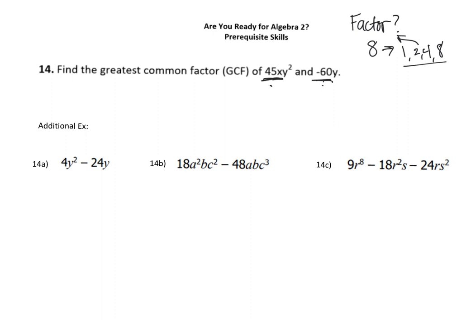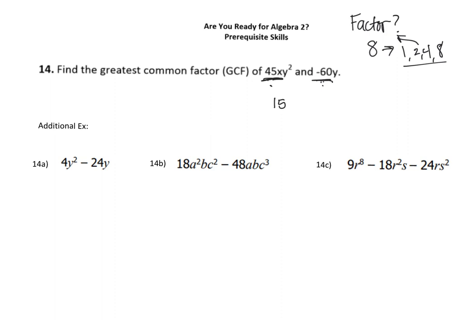So the largest number that could go into positive 45 and negative 60 is 15, because 45 divided by 15 is 3, and negative 60 divided by 15 is negative 4. Hey, 3 and 4, I can't take any other factors out of those, so I think I found it.